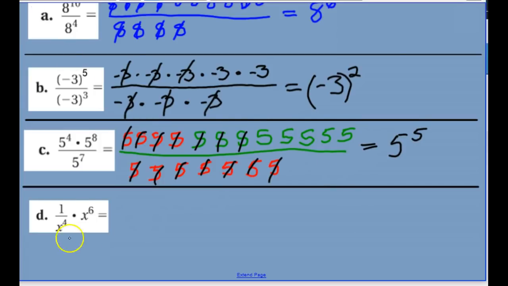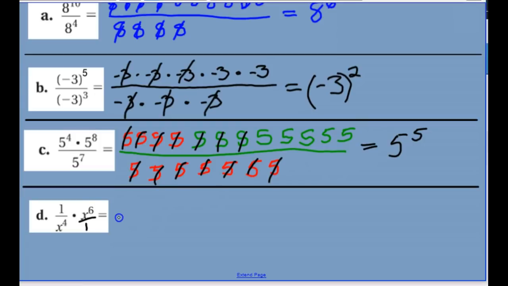So for our next problem, we have a fraction. We have 1 over x to the 4th. So what we're going to do is create another fraction with this problem. If we are trying to create a fraction out of a whole number, all we need to do is put a 1 underneath it. So now we have 1 over x to the 4th and x to the 6th over 1.